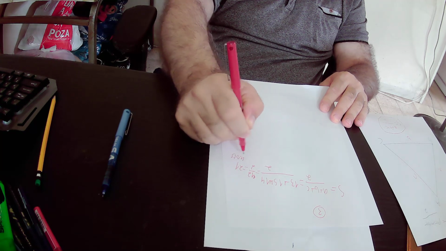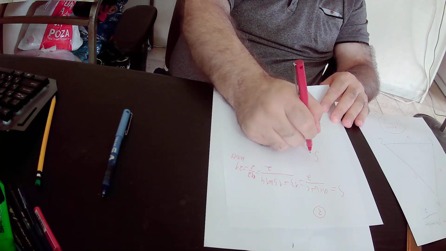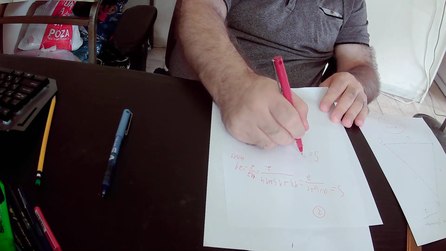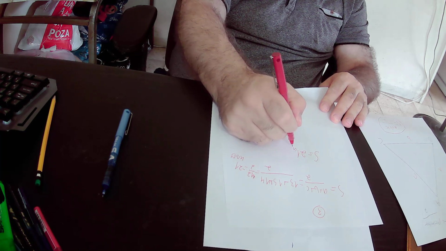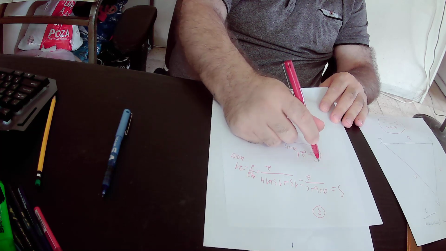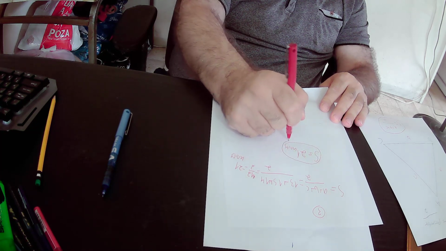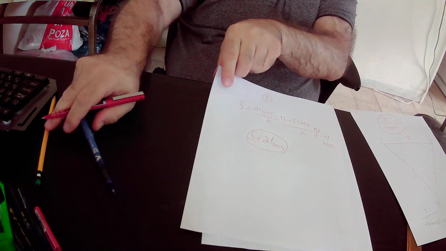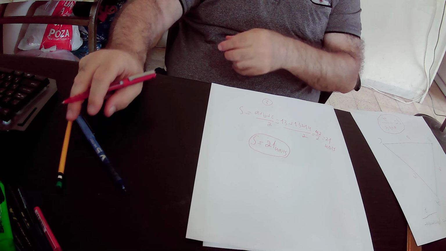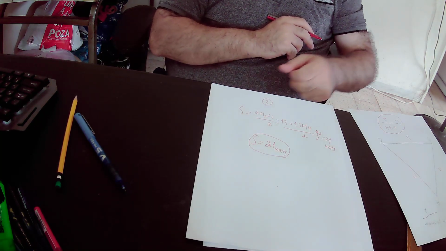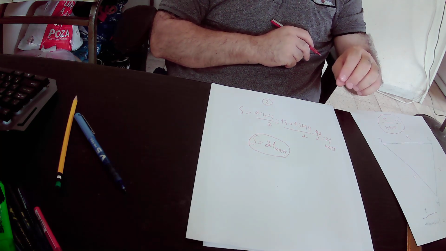So the semi-perimeter of our triangle ABC equals 21 units. Again, the semi-perimeter of our triangle ABC equals 21 units.